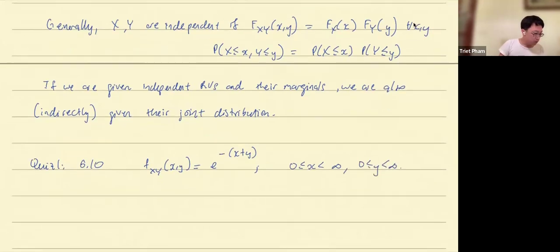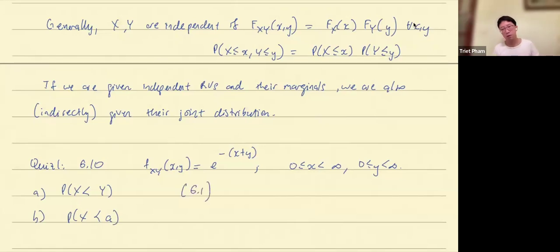Here I'll tell you what the question is. Question A says find the probability x less than y. Question B says find the probability of x less than a for some number a. And so probably the taste of this is section 6.1 rather than 6.2, because it's just about the joint and finding some probabilities.